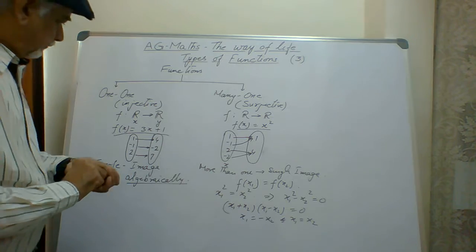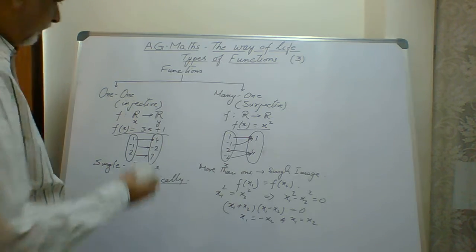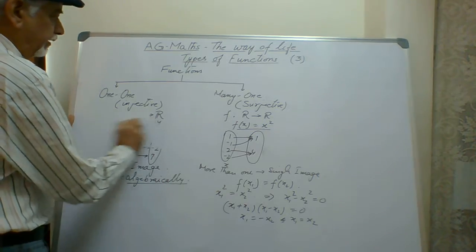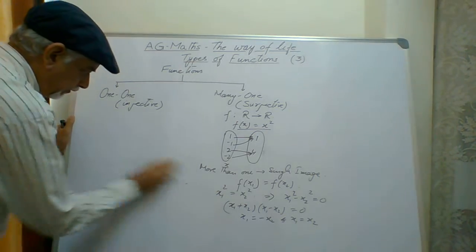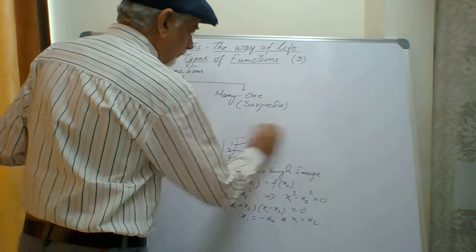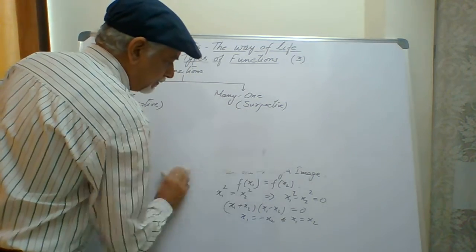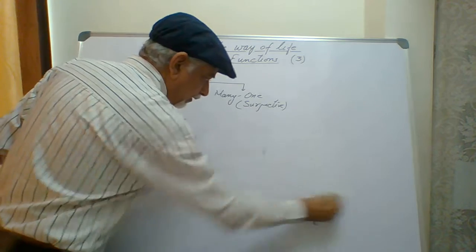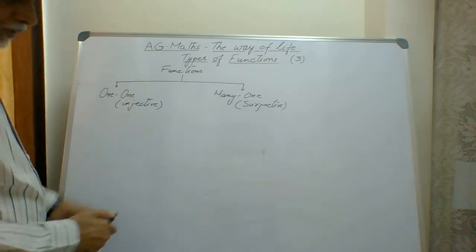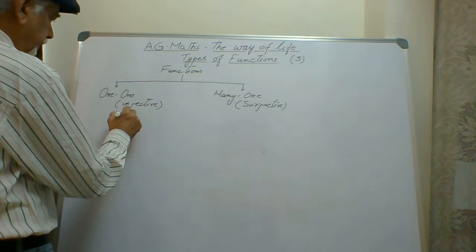Now they have some subdivisions. What are the subdivisions of these main types of function? One-one and many-one will have two more divisions among themselves individually. Individually, what I say is one-one has again two parts.